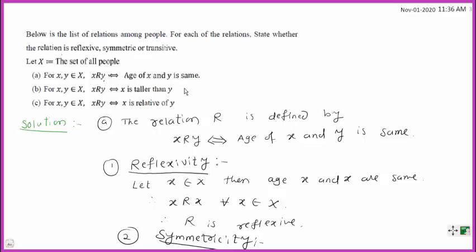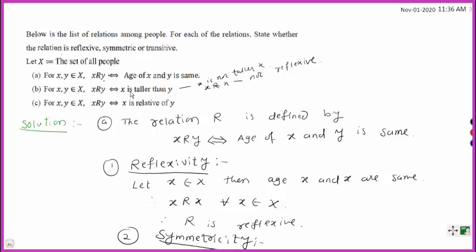See here, x is not taller than x. This is not reflexive because height of x and x are same, not taller than x. Therefore x is not R related to x by this relation. So the second relation is not reflexive.